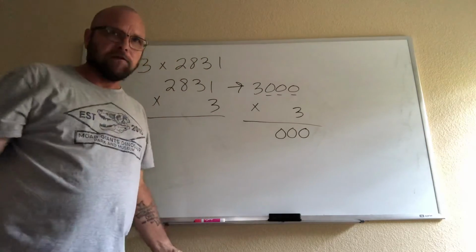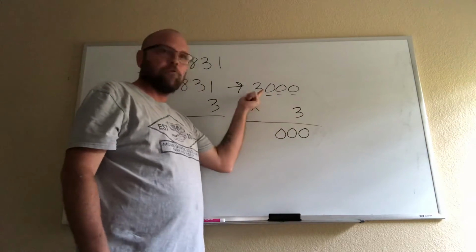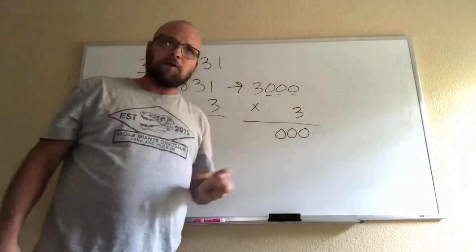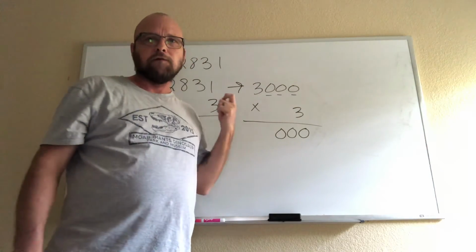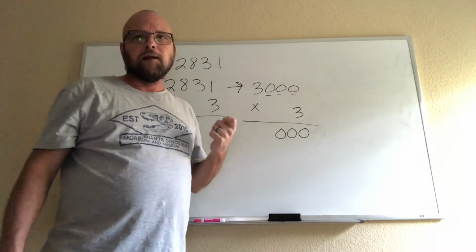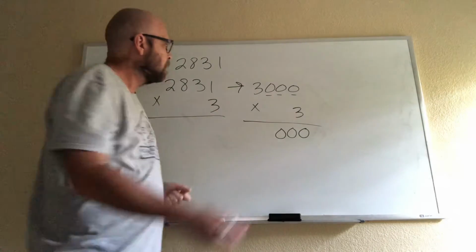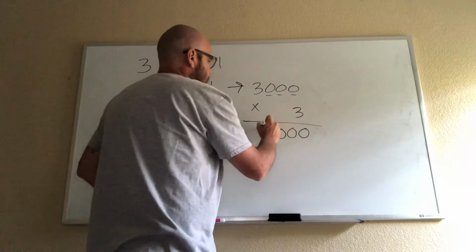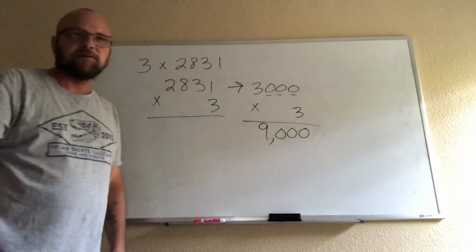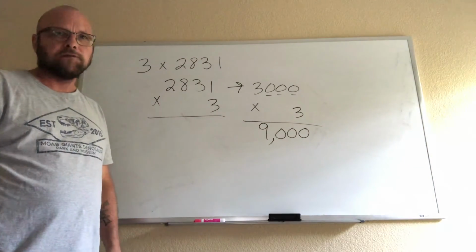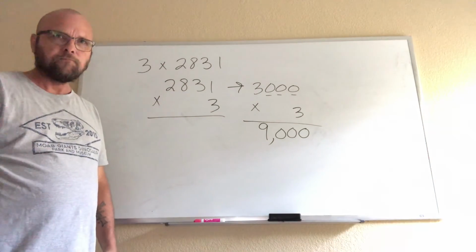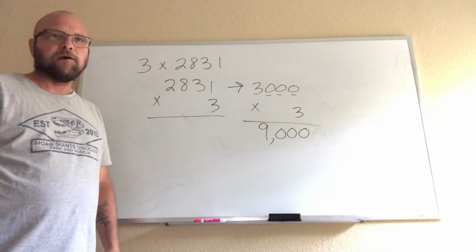And then all I need to know is my 3 times 3, which I can look at my multiplication chart, or I can draw a multiplication chart, and I can find the answer that way. But I know 3 times 3 is 9. So my answer needs to be somewhere near 9,000.